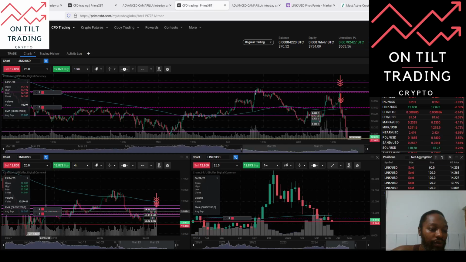And I'll show you, these are my upper targets. You can see down here, this is this green line here, this being the take profit. You can see this green line that's flowing here.